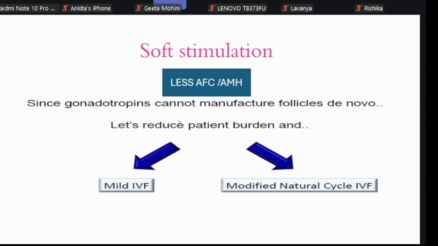Giving more dose of gonadotropins will add more cost to this set of patients, because anyway, patients with poor reserve will get lesser outcomes. They might get less number of oocytes and less number of good quality embryos. So we can go with either mild stimulation or modified natural cycle IVF in these set of patients.